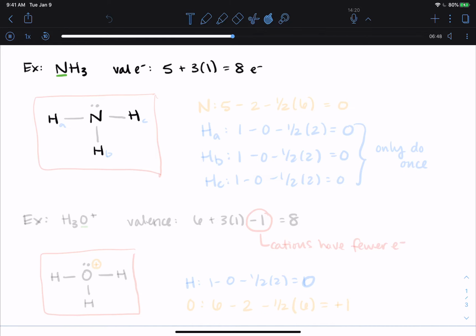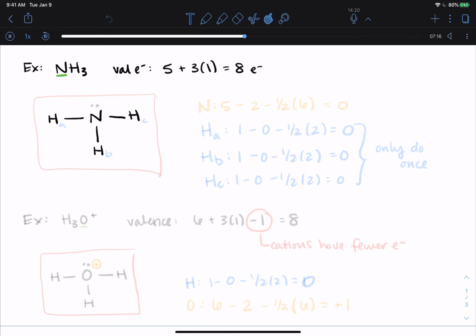My third step is to connect adjacent atoms with bonding pairs. So connect the hydrogens to the nitrogen with single lines that represent an electron pair, right? Those are bonding pairs. Add lone pairs to complete the octet on the outer atoms. Well, my outer atoms are hydrogen, so they don't need any extra electrons.